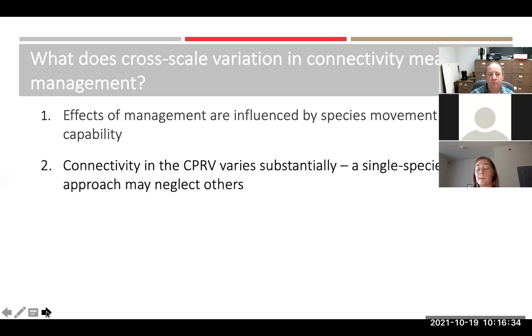And just as I was mentioning with the last point, this may suggest that a single species approach to land management or habitat management, or a focus on a set of very similar species in body mass or dispersal, may neglect others because there are these differences in how these species are interacting with this landscape and experiencing connectivity. So, similar to my first point, there's an importance in recognizing these differences and taking them into account in management when possible.